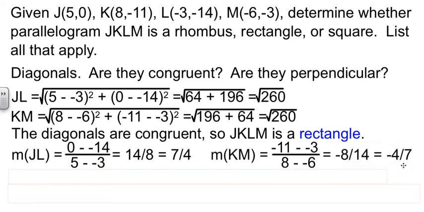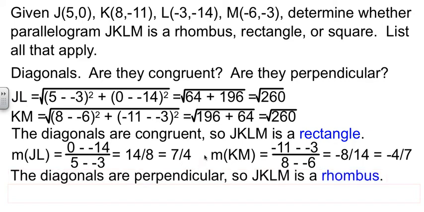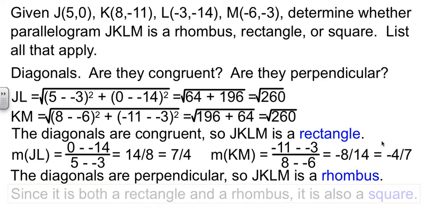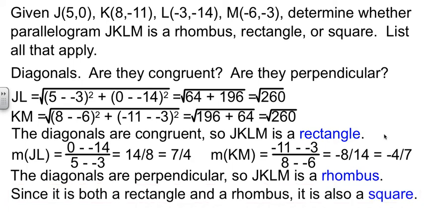And I get -4/7. And look at the two slopes. They're negative reciprocals of each other. Since they're negative reciprocals, that tells me they're perpendicular. So not only do I have a rectangle, I also have a rhombus. And if it's both, then Theorem 6.20 says it's also a square.